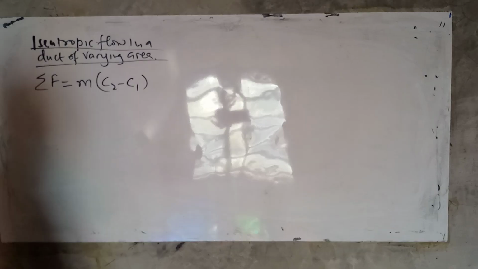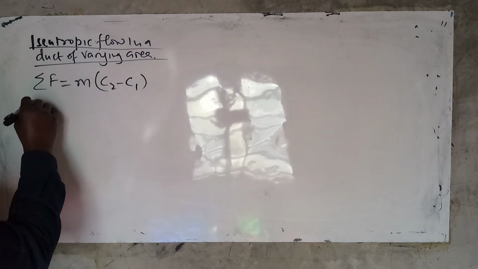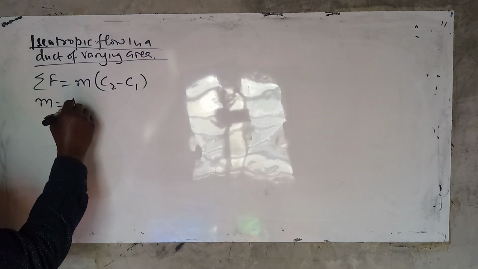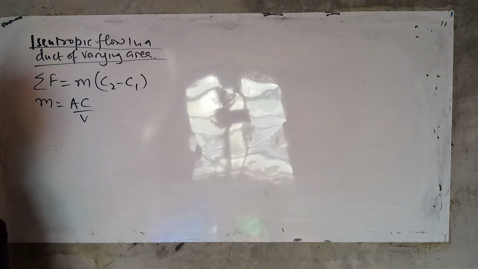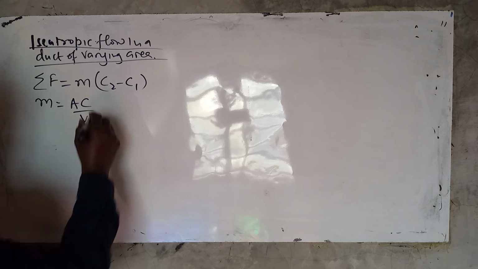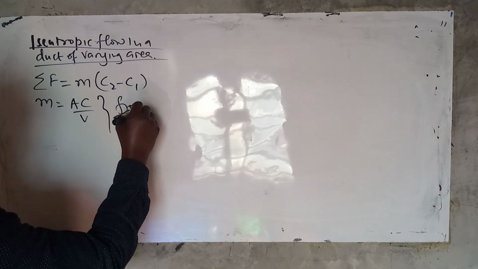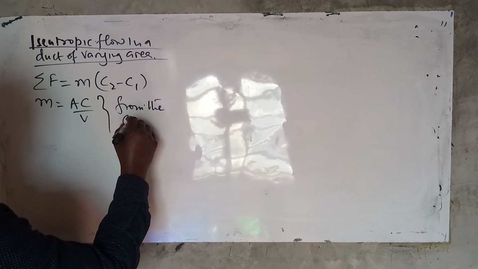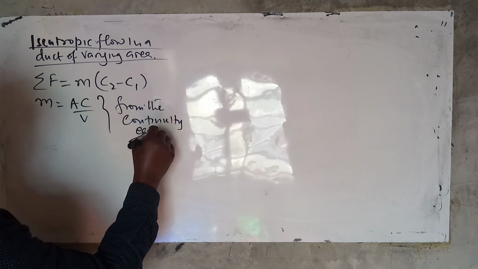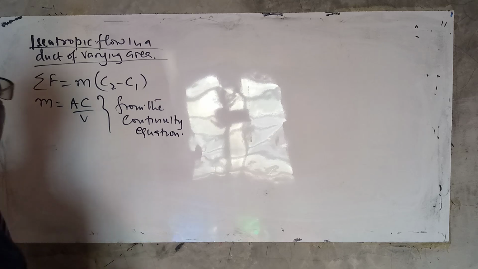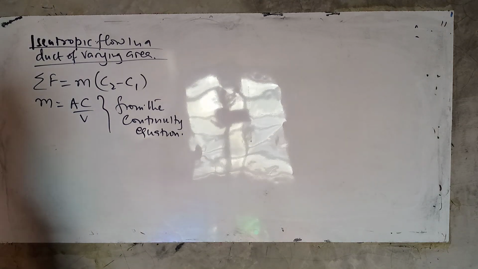And you will remember, m is the mass flow rate, which we said was AC over v, where A is area, C is velocity, v is specific volume, and this is from the continuity equation. So that's very important for us to note.